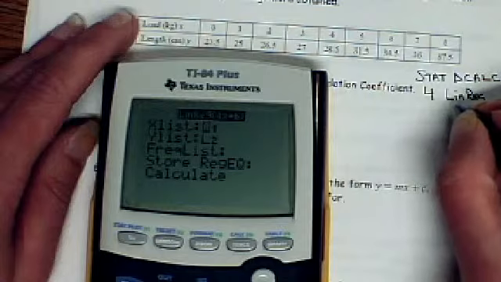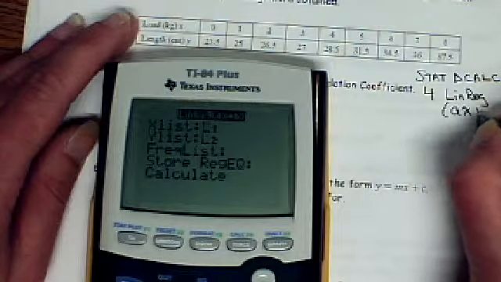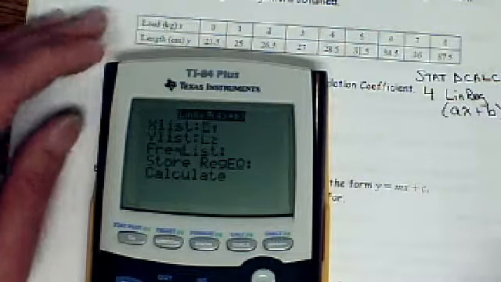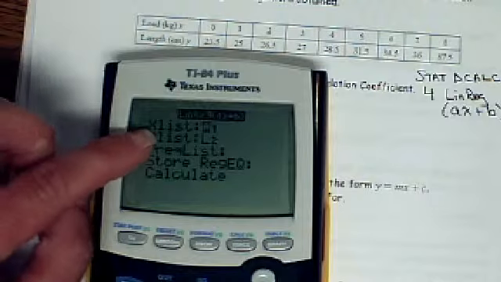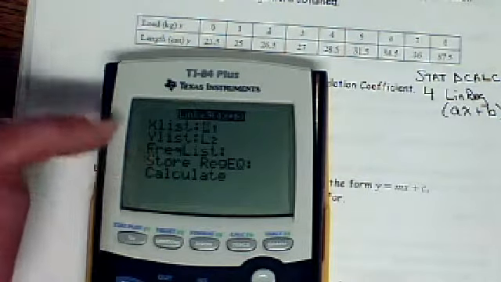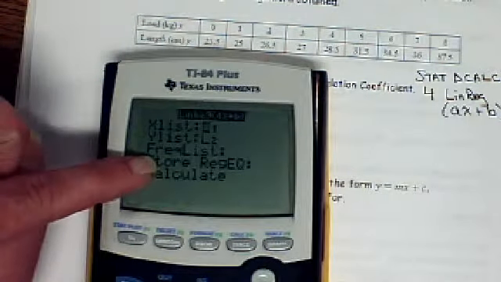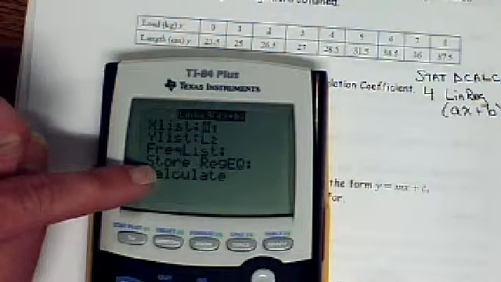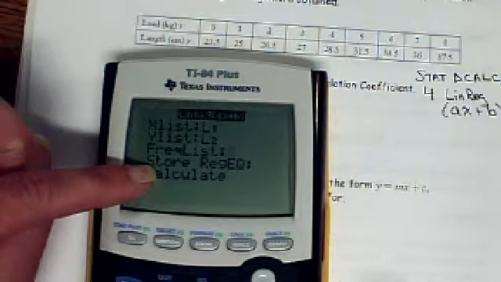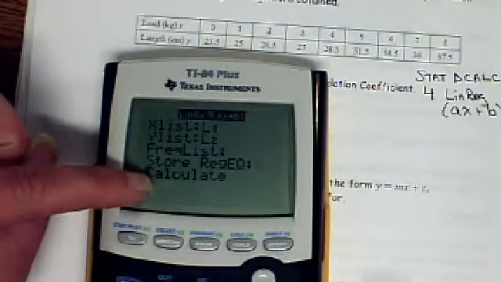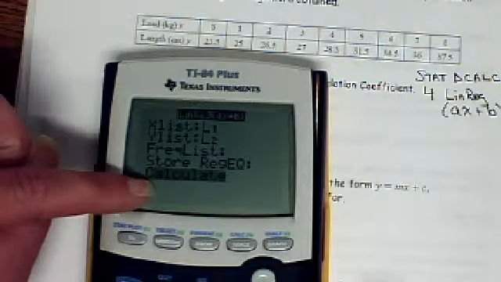And notice it says that it's going to put it in the form AX plus B. It makes sure where our X values are and our Y values are. You can put in a frequency list. There's even a place where you can store this equation if you needed to use it again. We're not going to be using it again. So we're just going to go down to calculate.